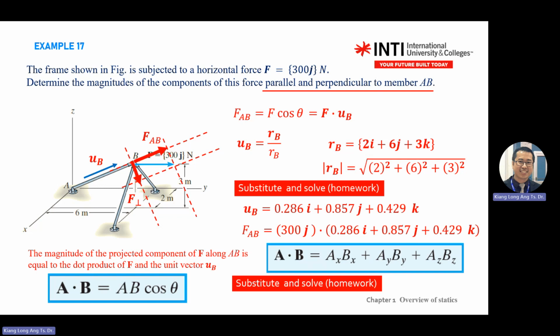Just now, A is 300J, your X doesn't have I here. That is 0I plus 300J plus 0K. So 0 multiplied by this one, you get 0. Then AyBy, now this is Y, 300 multiplied by this one. Then Az is also 0 because there is no K here.